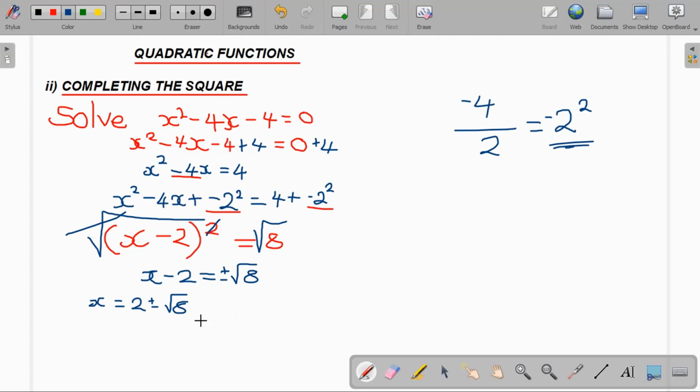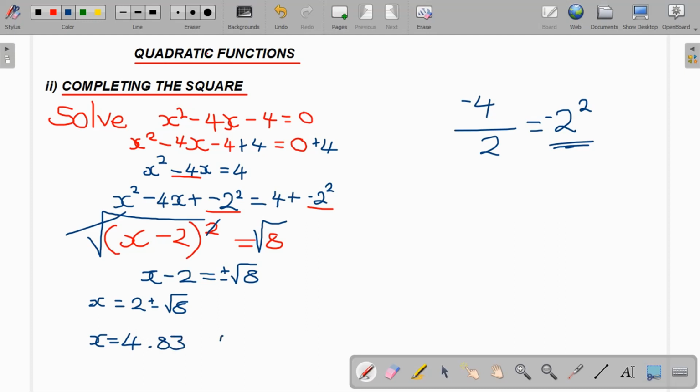And then after that, we find the square root of 8. So the answers will be x is equal to, when you find the square root of 8 and add 2, it will give us 4.83 in two decimal places.